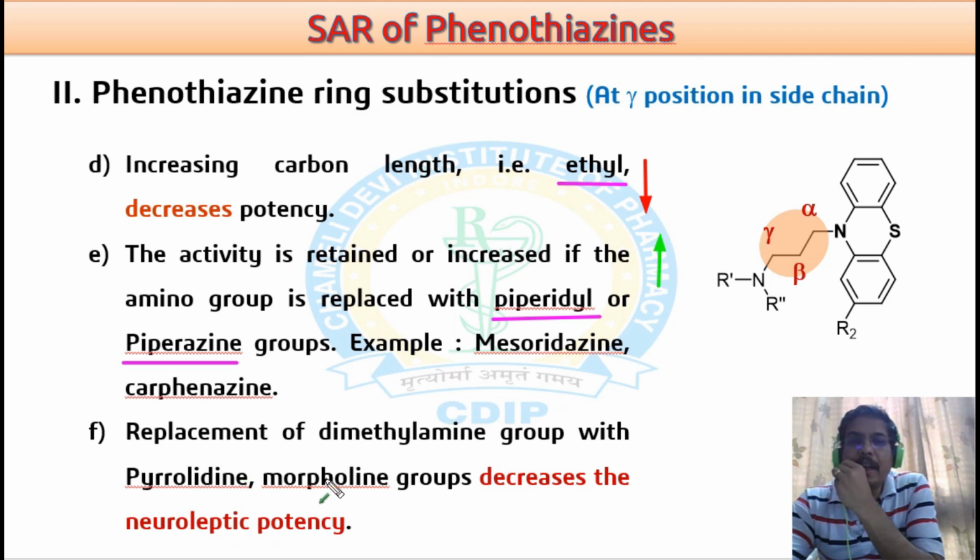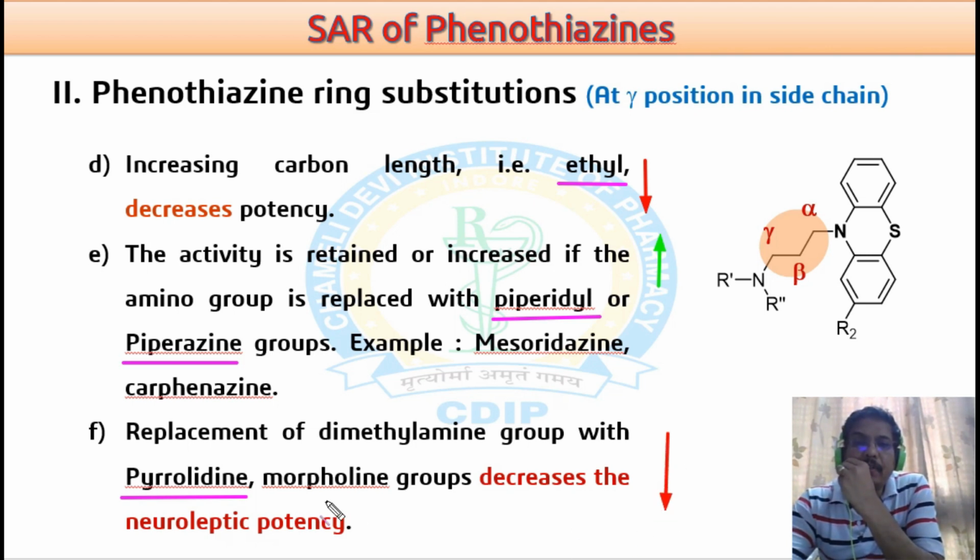And similarly, if this dimethylamino group is replaced by an alicyclic system in which a 5-member ring is there, like pyrrolidine, which although it contains nitrogen, the activity decreases.